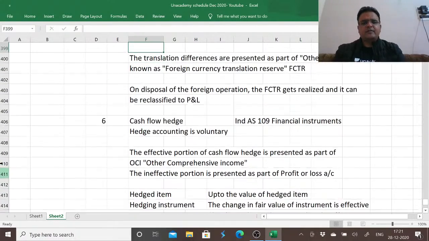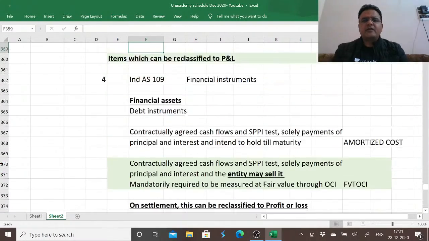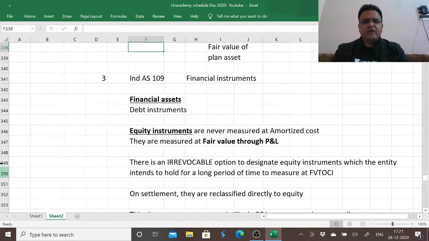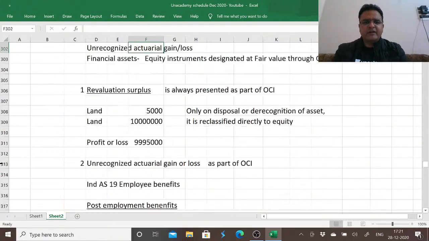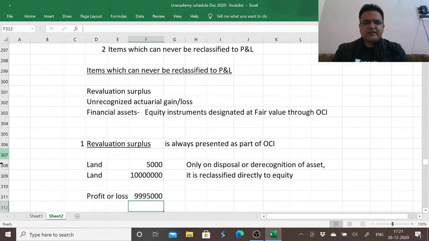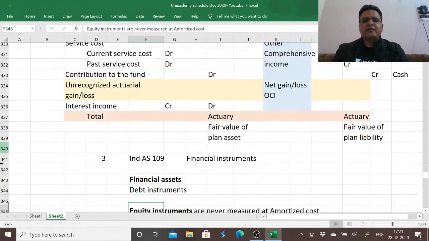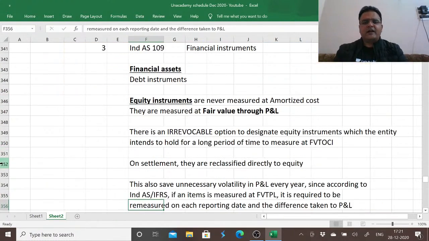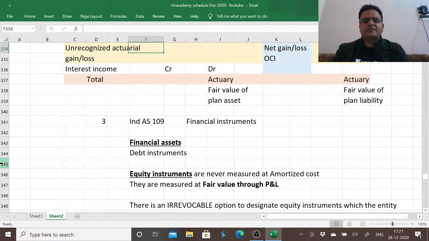So if we sum up, we divided the items of OCI into the items which can never be reclassified to P&L and the items which can be reclassified to P&L. I hope it is clear to you now why the concept of OCI exists, and what all is included as part of OCI. The items in OCI also cover the complex standards of Ind AS.